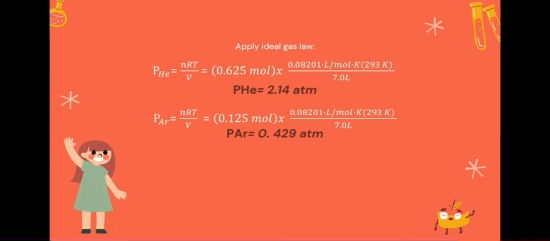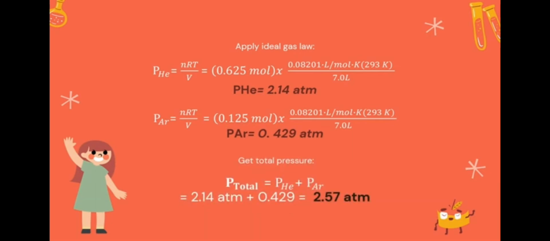And then we can do the same for argon, which is 0.125 mole times 0.0821 atm times L per mole times 293 Kelvin divided by 7 liters. Now that we have the pressure of helium and argon, we can then get the total pressure by adding 2.14 atm plus 0.429 atm, which we then get 2.57 atm.